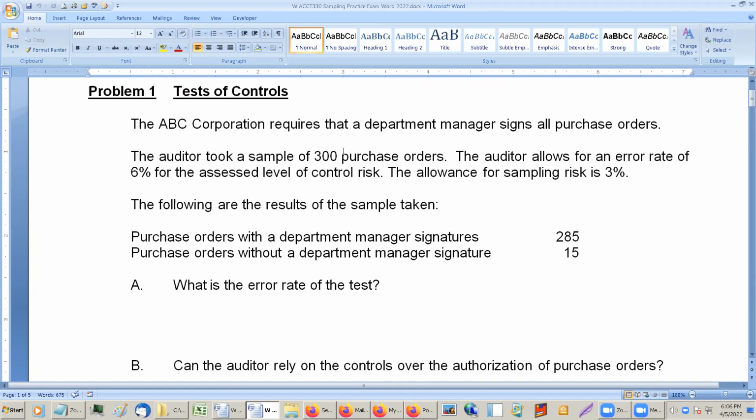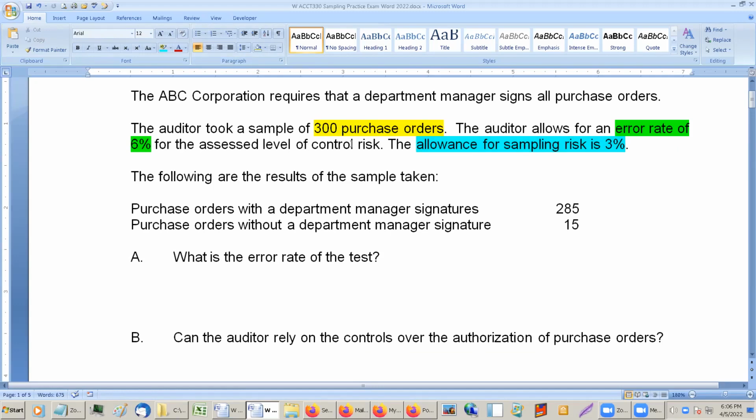So test controls, I took a sample of 300 purchase orders.